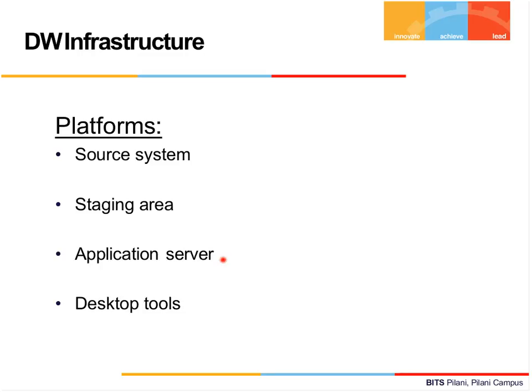Make sure you give an architecture in such a way that you never have bottlenecks, you never have issues. If you have a database server that has its own capacity in processing, that means you're not contending, you're not competing for the same resources when a user is trying to run a report. User reports run on an application server, which has its own processing power, its own RAM, and all those things.